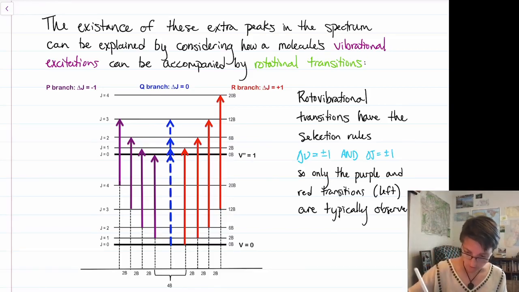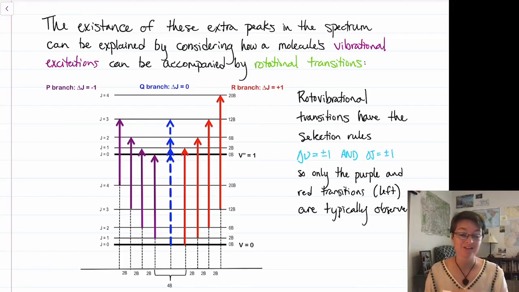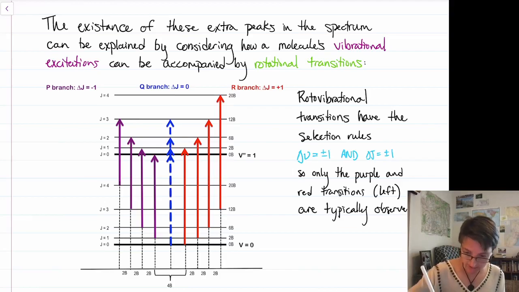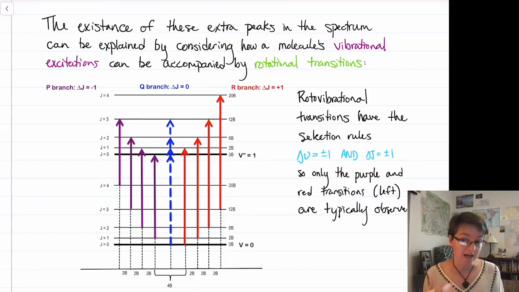And so a molecule that's present in the total ground state, the vibrational ground state and the rotational ground state, is going to have quantum numbers of nu equal to 0, as well as J equal to 0.